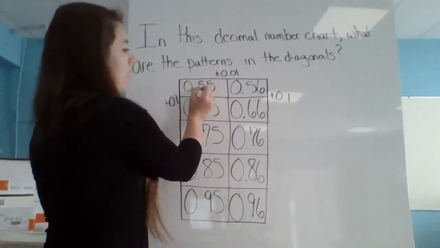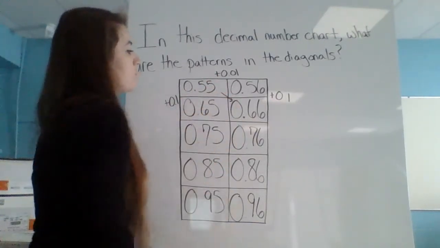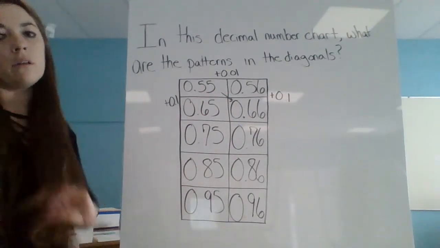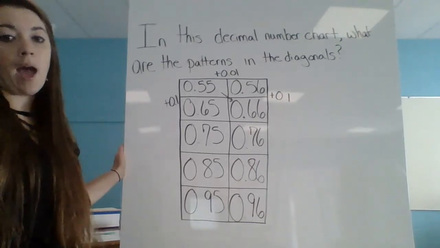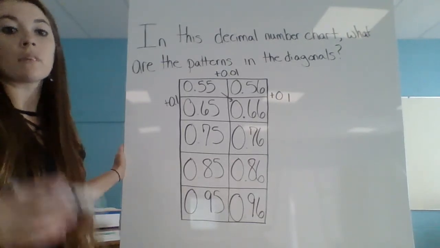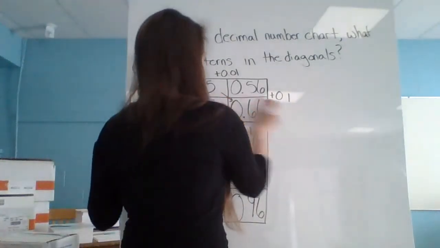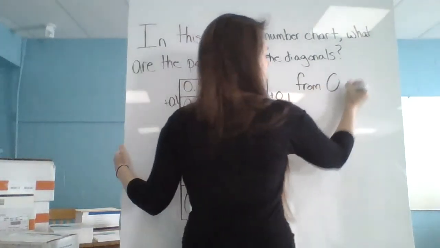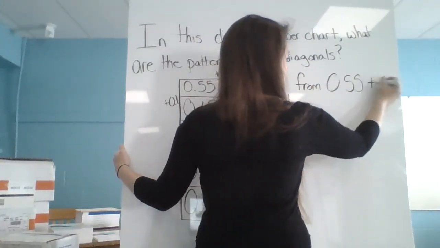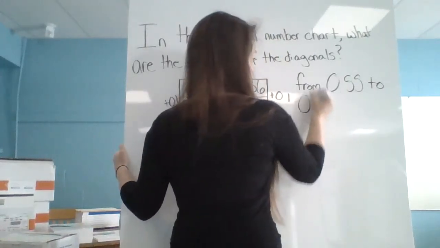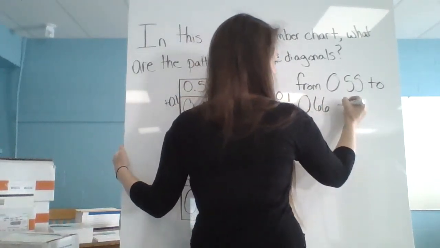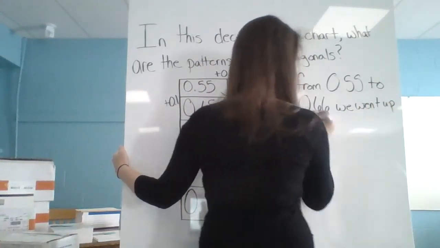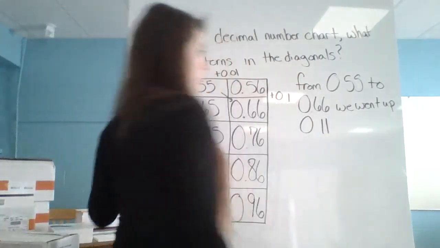So going from 55 hundredths to 66 hundredths, what happened? We went up by how much? 11 hundredths. So from 55 hundredths to 66 hundredths, we went up 11 hundredths.